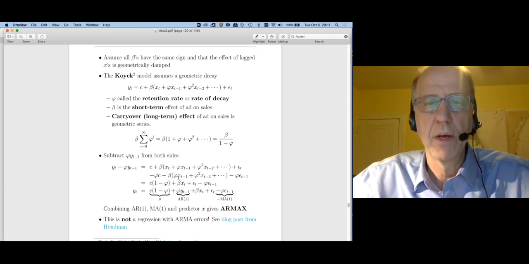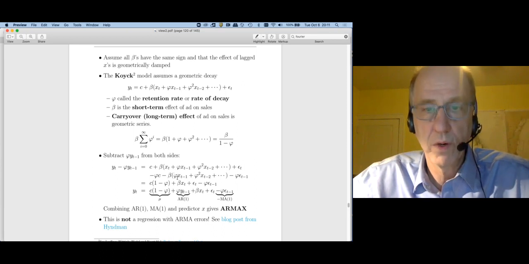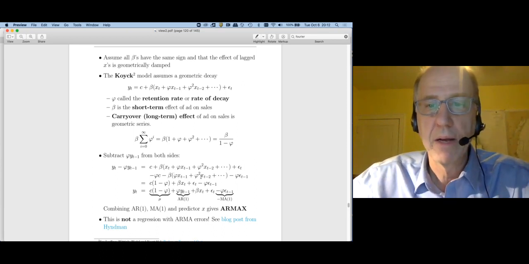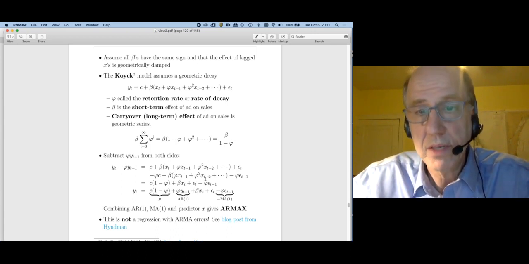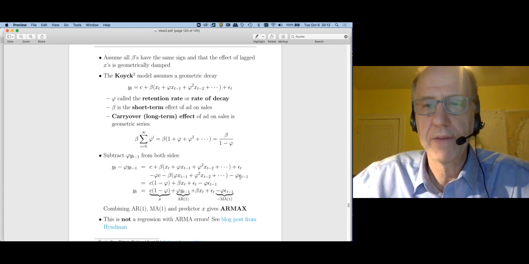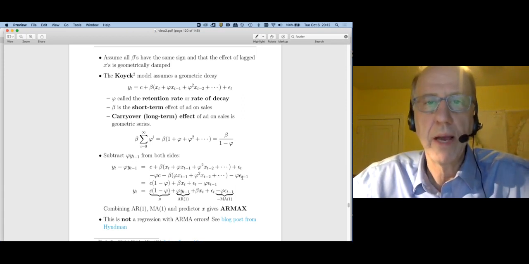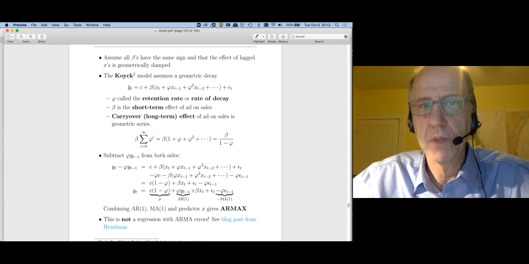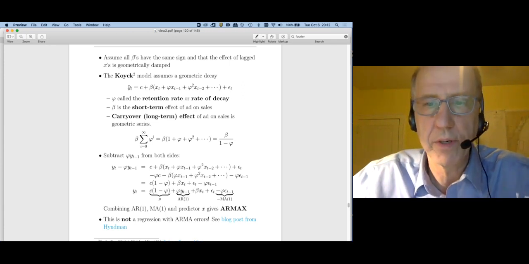So instead of xt, it's going to be xt minus 1, but I have to multiply it by phi. And then instead of xt minus 1 it will be xt minus 2 times phi squared and so forth. And then I have to take phi times the error from this equation evaluated at time period t minus 1.